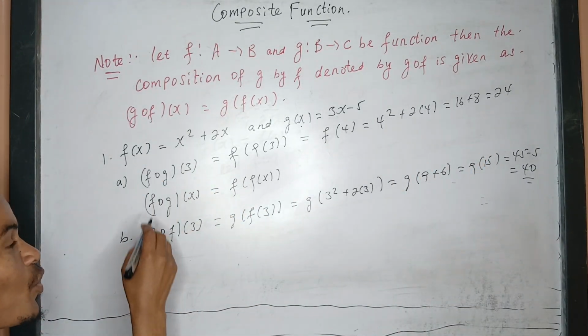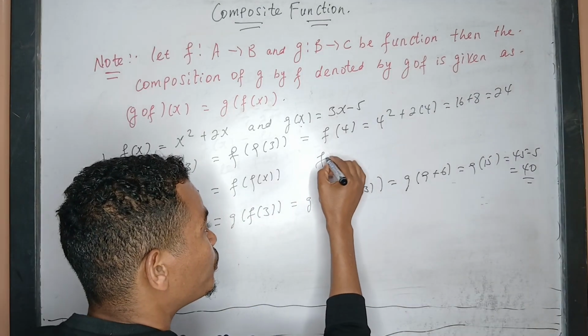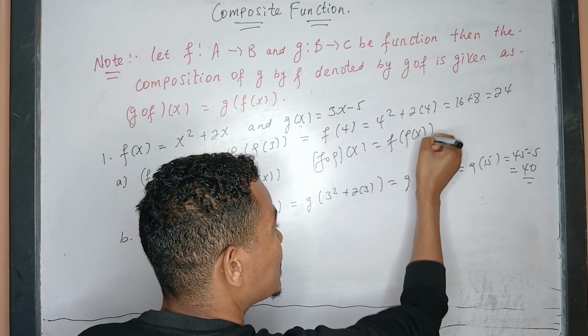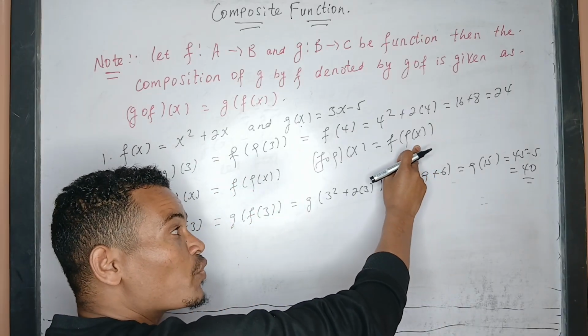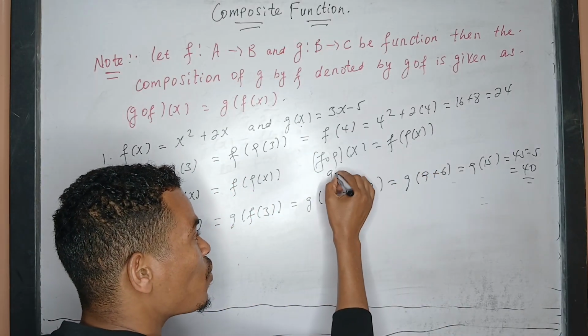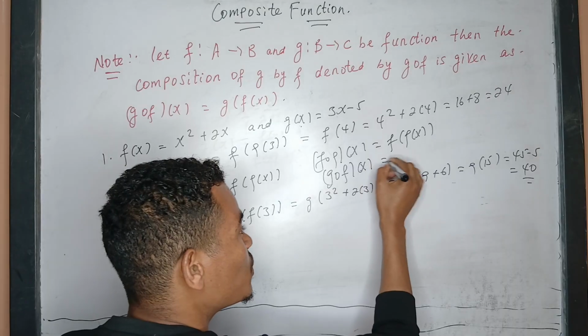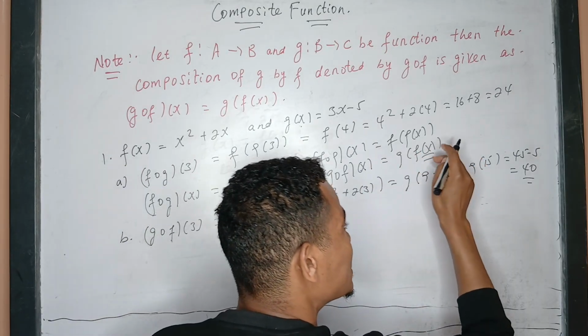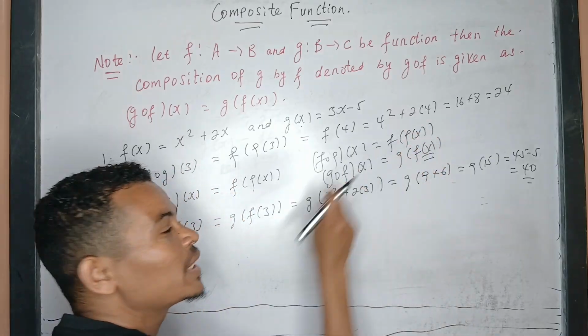24. (f∘g)(x) is the same as f(g(x)), that is inserting the function g(x) into f. (g∘f)(x) is g(f(x)), which is the same as inserting the function f(x) into g.